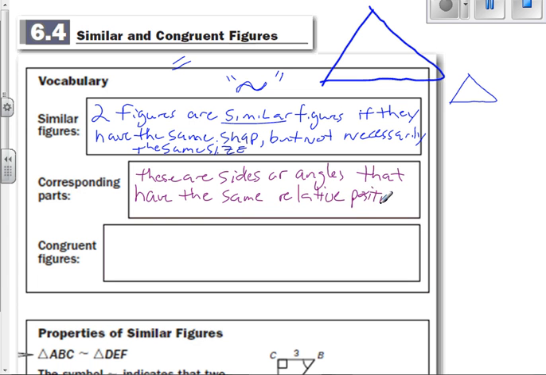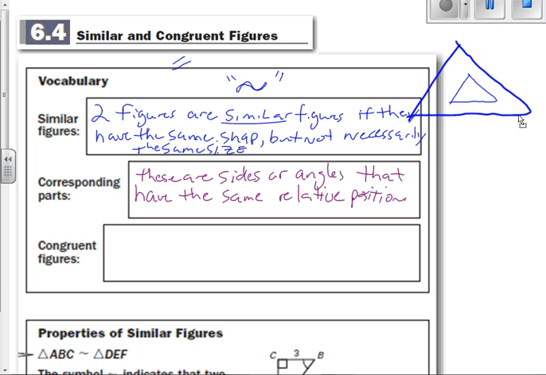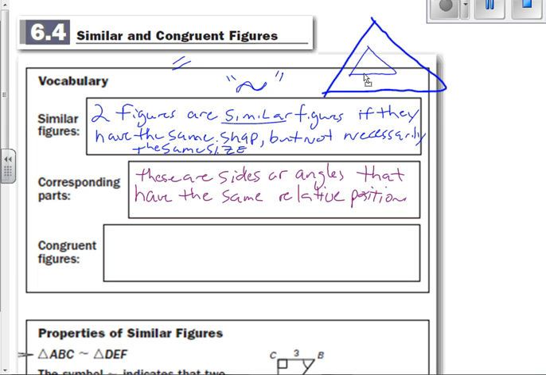Okay? And let's see. Let's move this. All right, so I'm going to give you an example here. Let me just move it up here. All right, so we're going to look at corresponding parts.